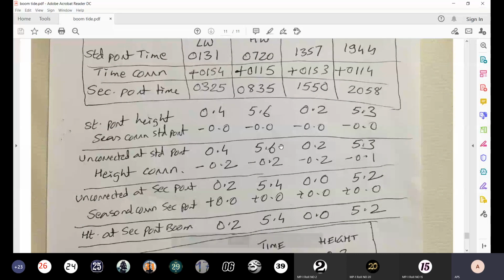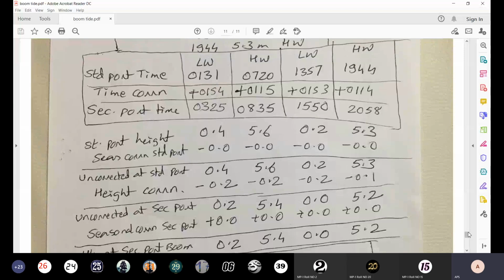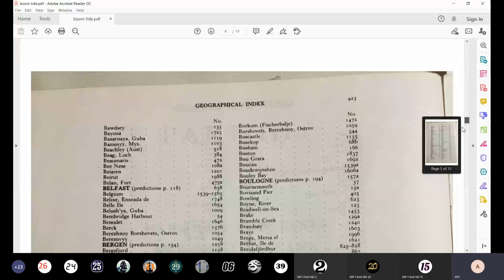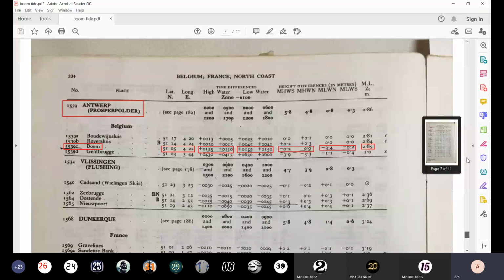So for high water, you check 5.6. Minus 5.6 is almost minus 0.2 only.